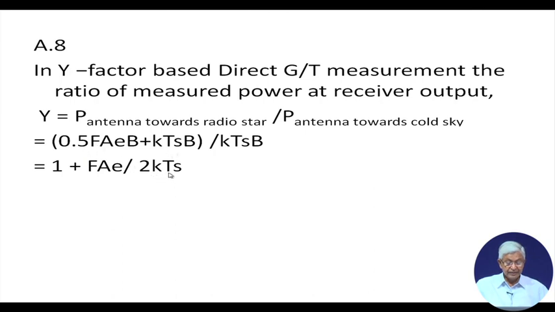We have KTS, B gets cancelled, and in the numerator we have FAE. So, it is 1 plus FAE by 2 KTS, and that was one of our options. The appropriate one is option B. These are simple, but you have to recollect the understanding of it.